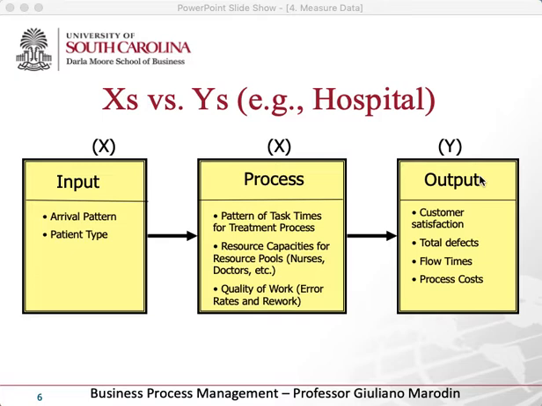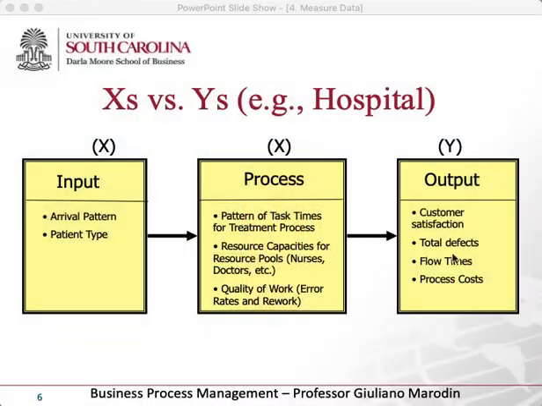So here, let's say we're looking at a hospital, and we have the Y variables of customer satisfaction, total defects, flow time, and cost. And we're looking at these different X variables. So the exercise here on the X and Y map is to start looking at the Y variables and start understanding in the process flow what impacts that Y variable.